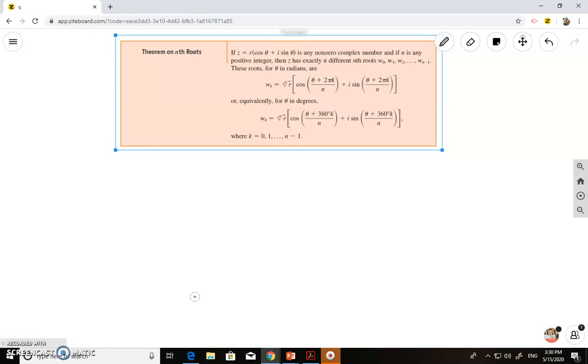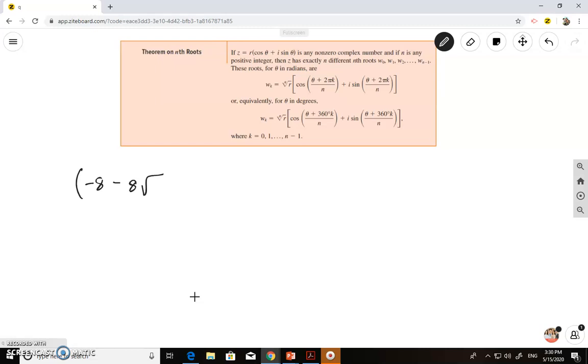For example, given negative 8 minus 8 square root of 3 i, we will have to draw the graph.